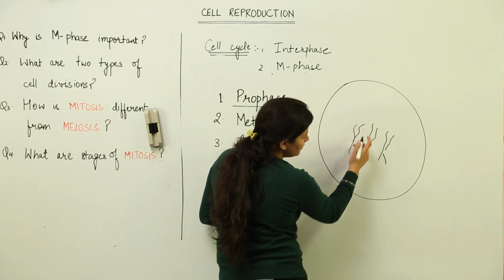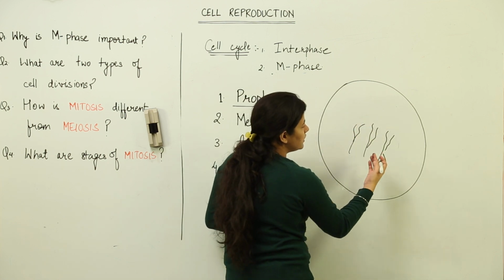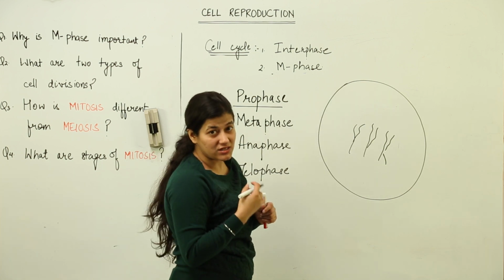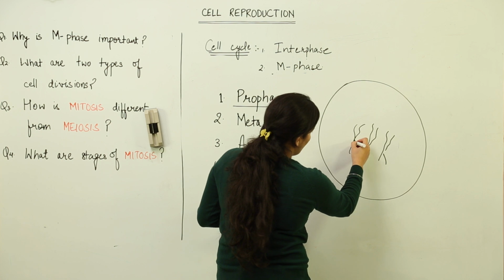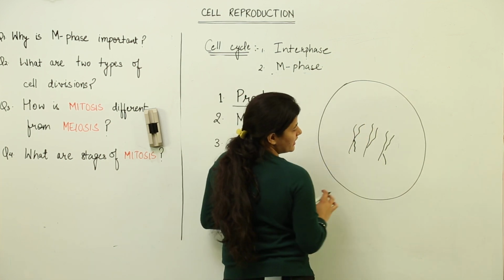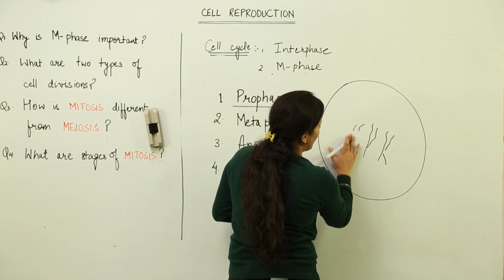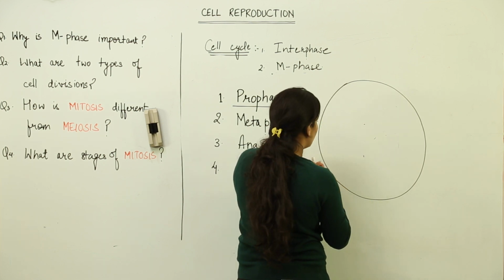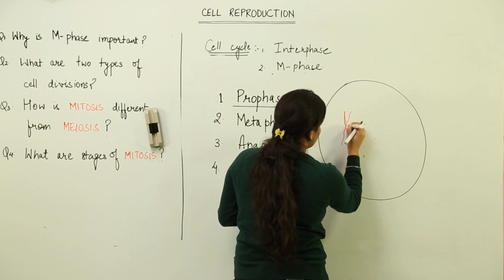So this chromatin material has started condensing itself. There is a lot of chromatin material. You can imagine there is 2.2 meter long DNA present inside our cell, a cell which we can't see even with the naked eye. When prophase ends, this chromatin material has condensed to a level so that it starts looking somewhat like a chromosome. This is the chromatin material.